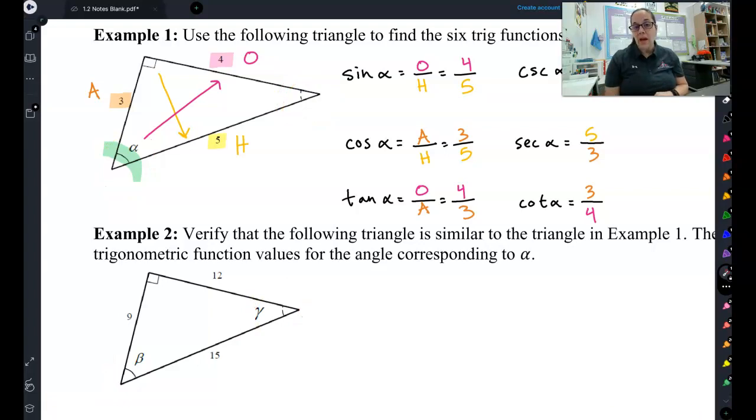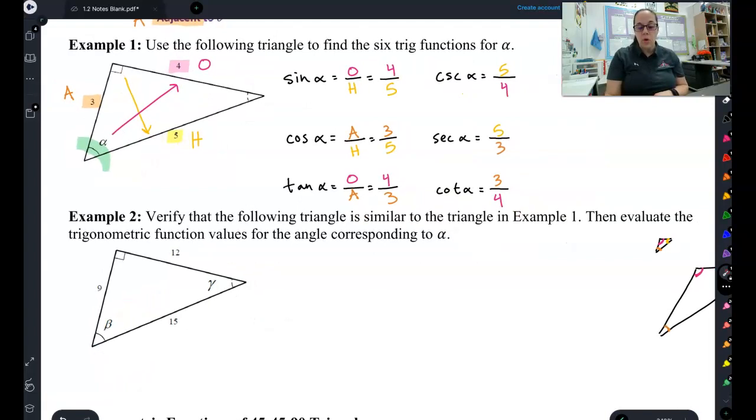So instead, I use the scaling up property. If you compare the sides to each other, so 3 to 9, 4 to 12, and 5 to 15, you'll notice that all the sides have been scaled up by 3. We take these sides, multiply them by 3, and that gives us these sides.